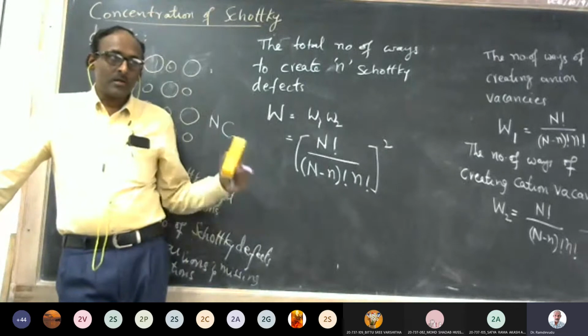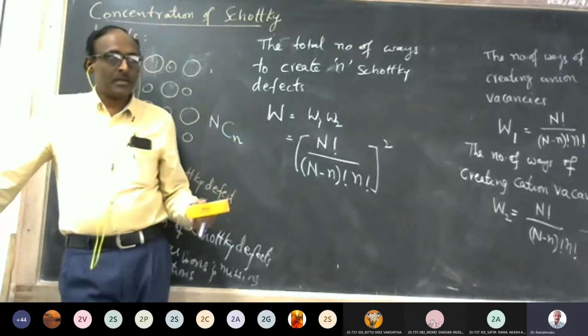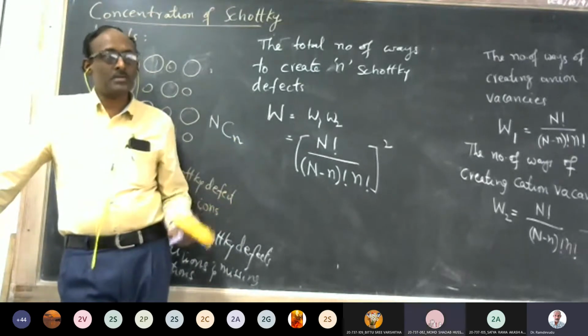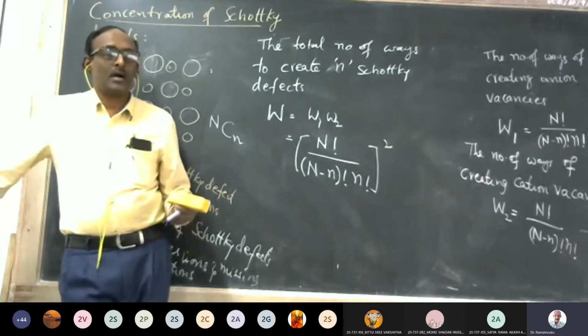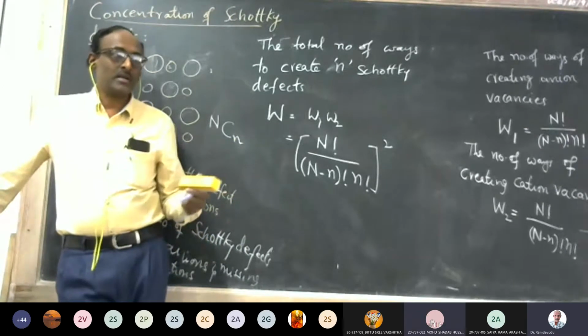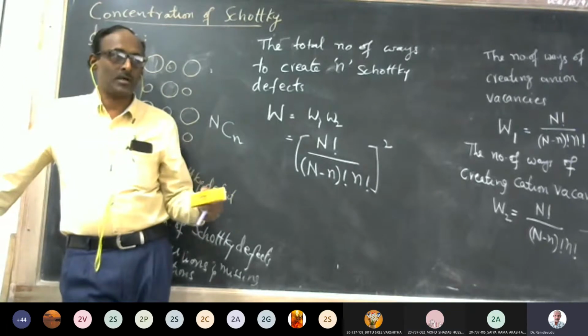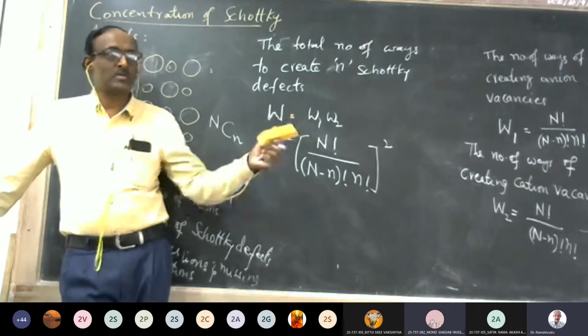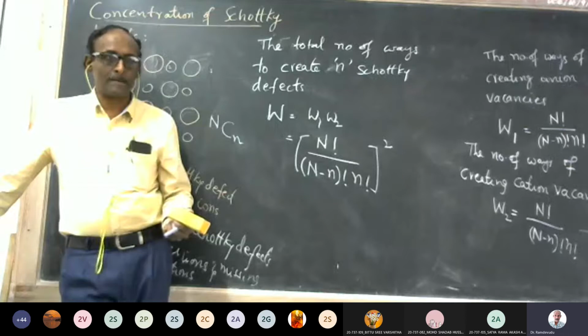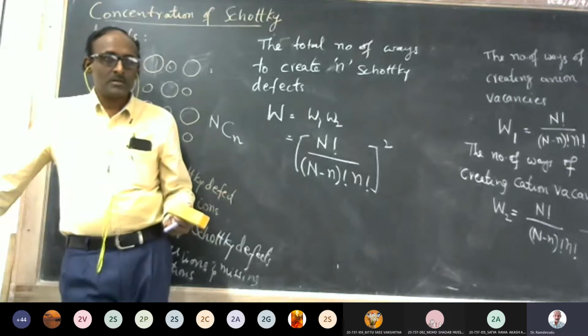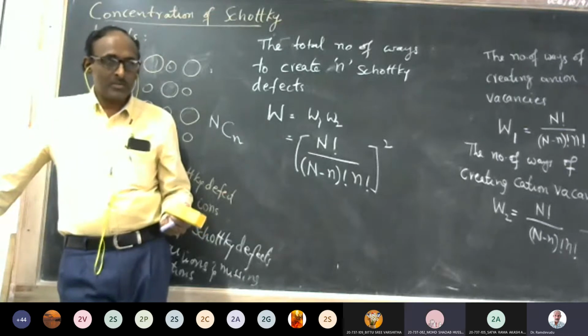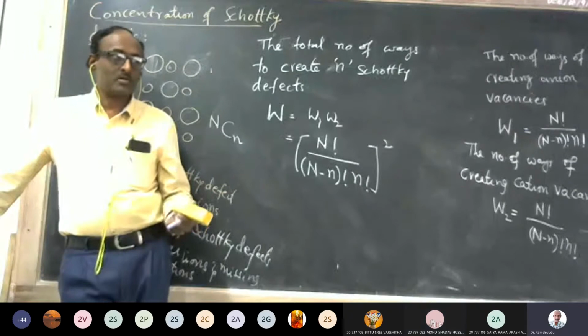In case of Schottky defects, anions or cations are missing, which means it has one-sided charge. Suppose negative ions or negative charges, electrons, are moved away from the crystal, it becomes more positive. That is what we are talking about with charge neutrality.